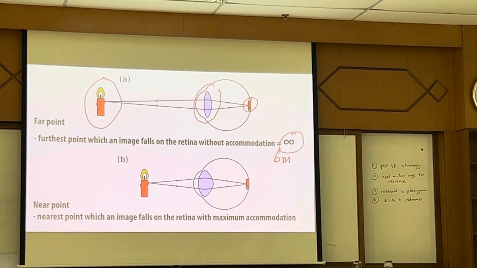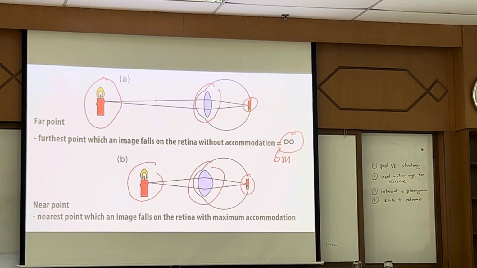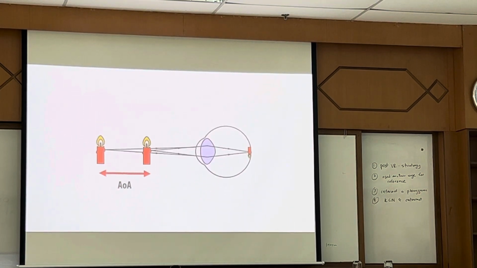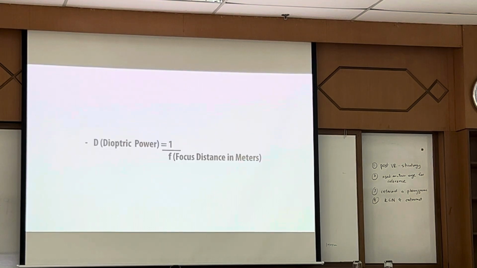The near point is the nearest that an object comes to the patient while the image still falls on the fovea. This is where the lens is at maximum accommodation. By doing that, we get the range of good vision from infinity until the nearest point. This is what we call amplitude of accommodation.